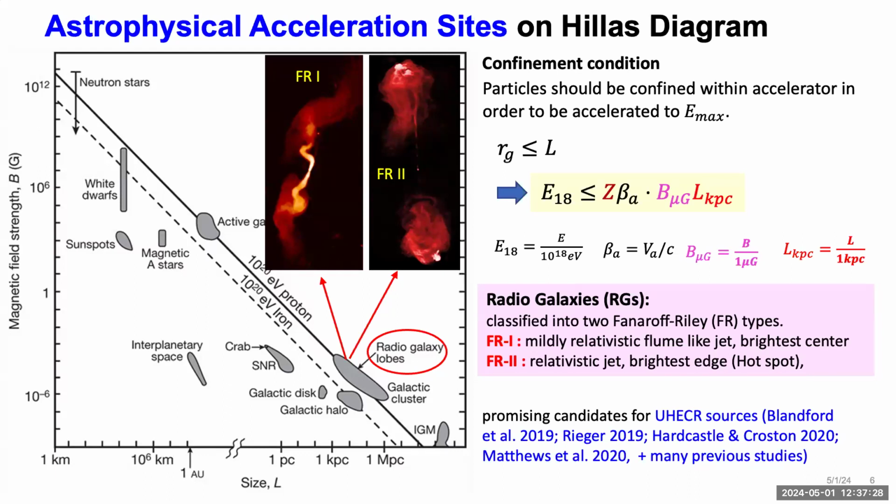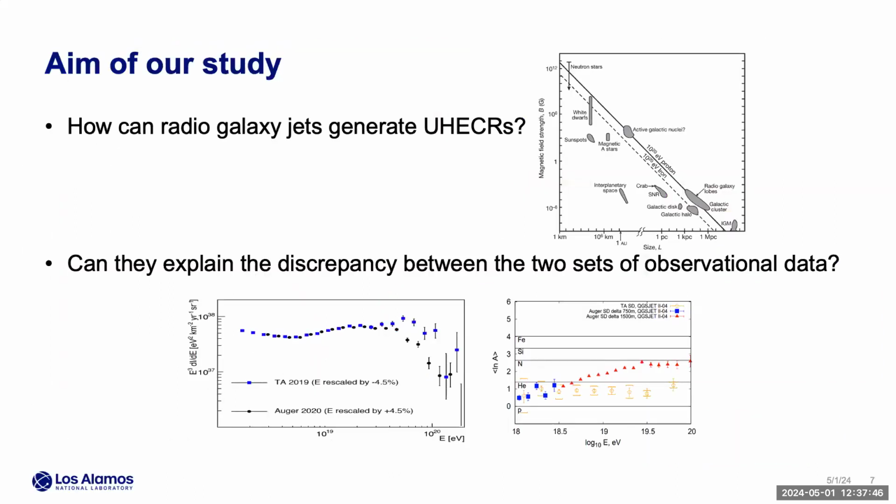This diagram shows that the radio galaxy jet can confine these energetic particles, but it does not mean that it can generate them. So we have to study the particle acceleration phenomena in the radio galaxy jet. The aim of this study is: how can radio galaxy jets generate ultra high energy cosmic rays, and can they explain the discrepancy between the observational data?